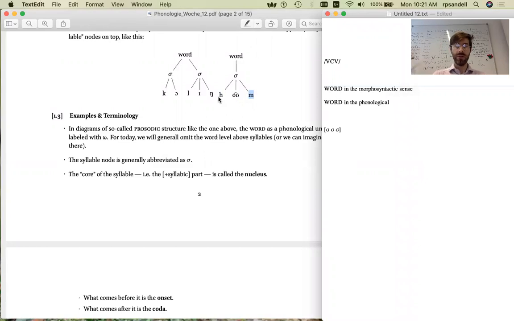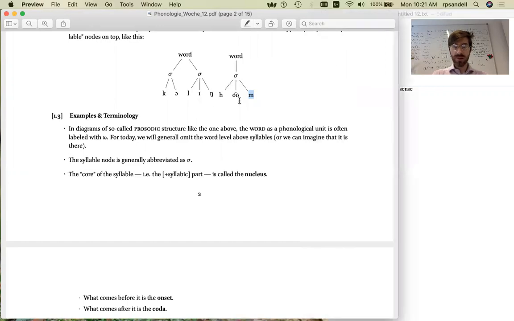So we can say, if we look at this phrase again, we have the following nuclei: the vowel A, the vowel I, and the vowel O. Let's just copy this, see if I can copy this vowel in here.